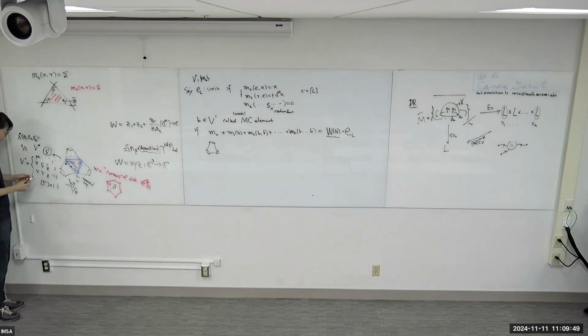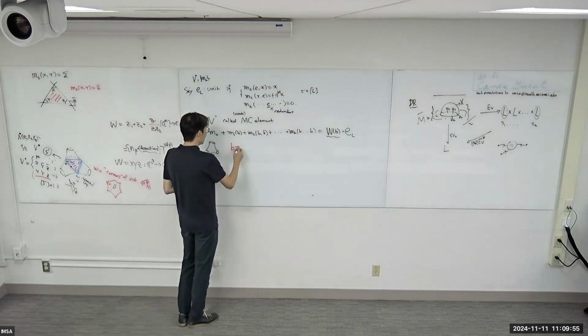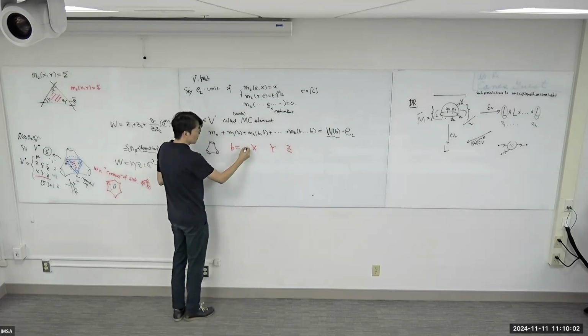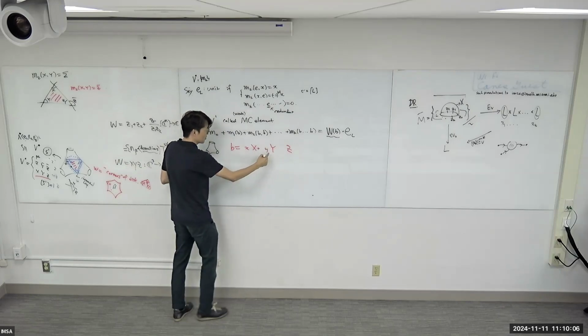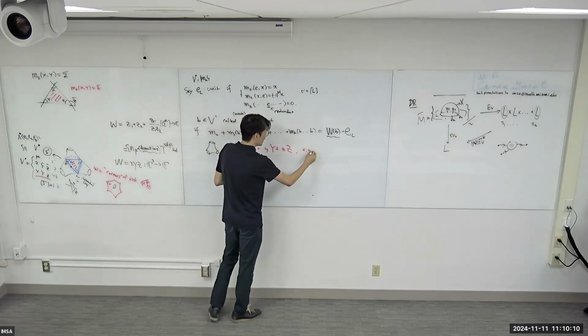And so for Maurer-Cartan, we always want a degree 1 class. So let's say B is a linear combination of X, Y, Z. To consider an arbitrary linear combination, I introduce some formal variables, small x, small y, small z. And these small x, y, z have values in Lambda.